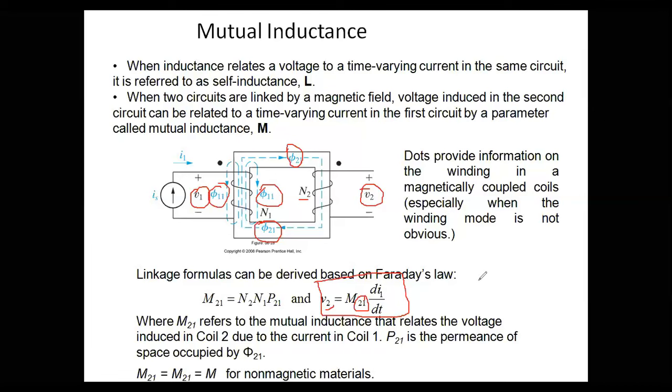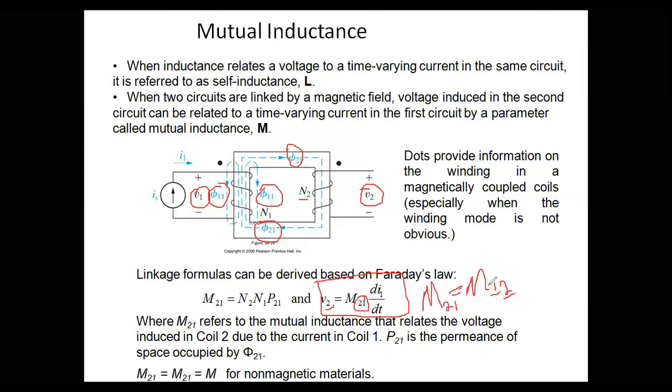So you can also have what we refer to as M12. M12 represents the mutual inductance relating the voltage in the first coil based on the current passing through the second coil. That is what we refer to as M12. So M12 is always equal to M21.